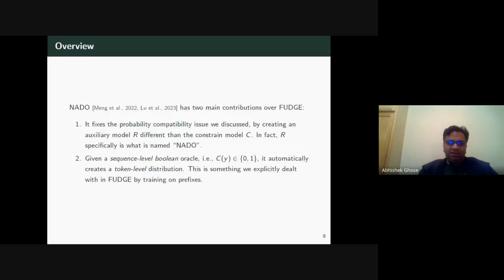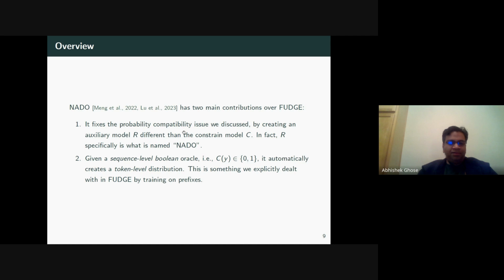So NADO is a little more complex than FUDGE, but it actually fixes some of the issues that we saw in FUDGE, right? And the cost of those fixes is that the model becomes complex. And the first issue that it fixes is the probability compatibility issue, right?